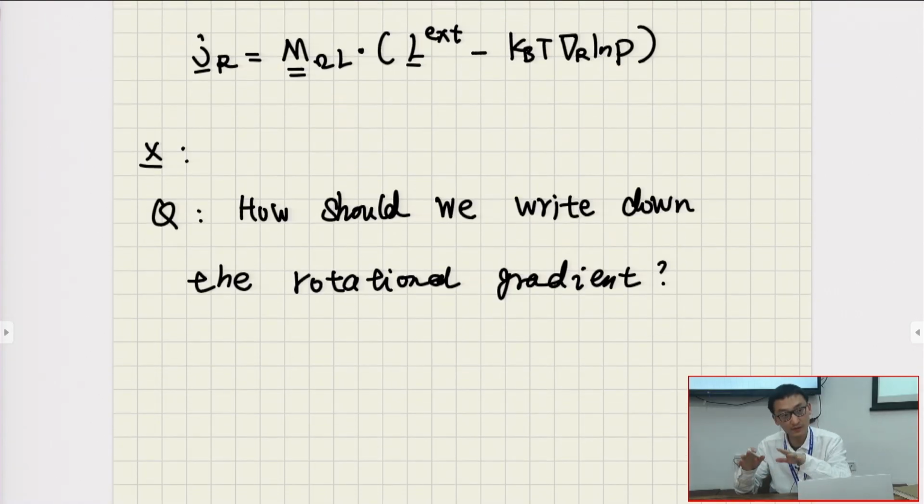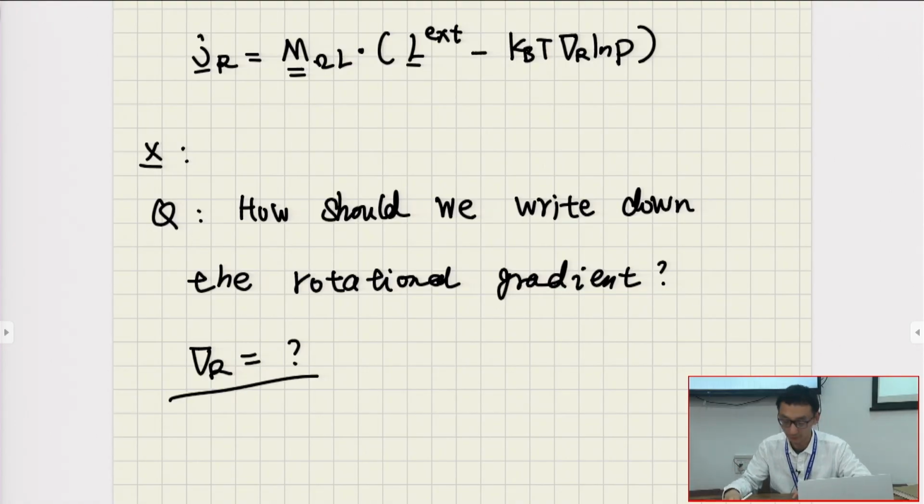So right now I've represented that symbolically using grad R, right? But what is it? How do we operate this? How do we define this? So that's something we want to think about right now.